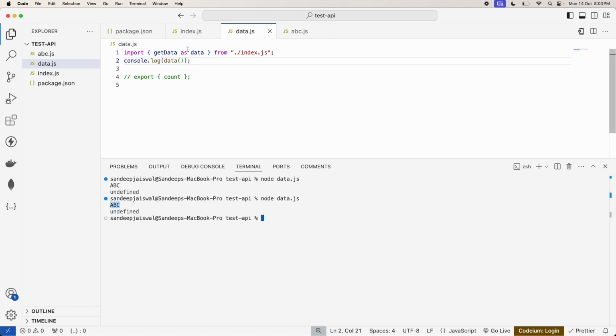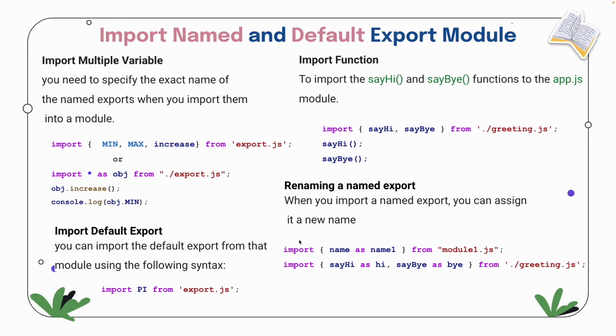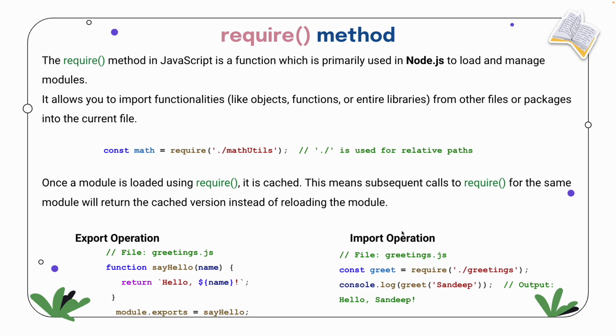So if you want to rename any variables, in order to separate the two files, you can rename using as. Understood? And I have already taught you the require module before.